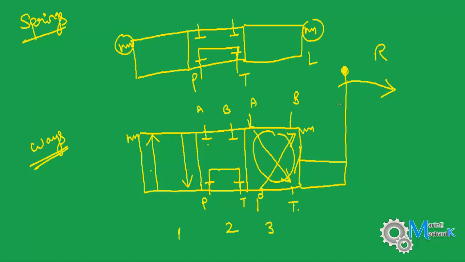When I move it to the right, the valve shifts so that port A comes here, port B comes here, P and T, that is pressure and back to the tank, come here.